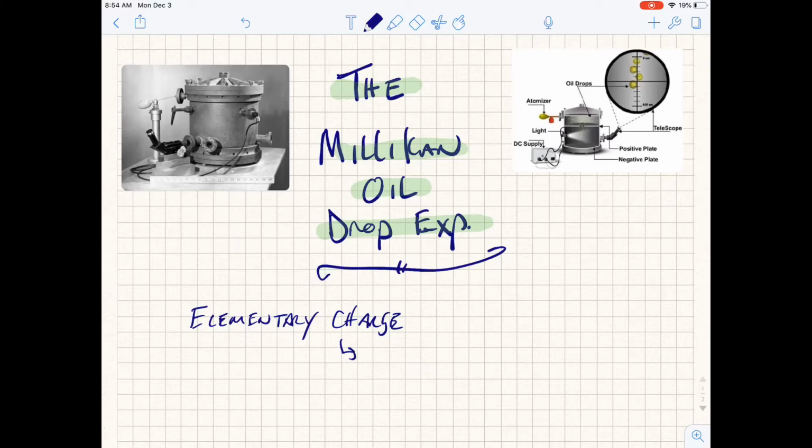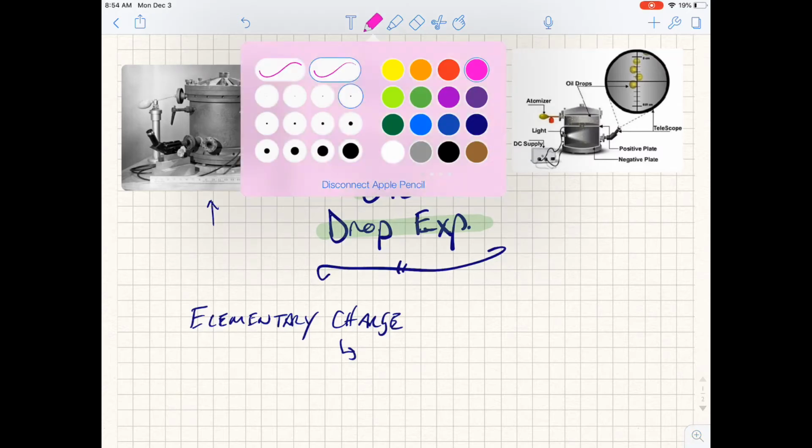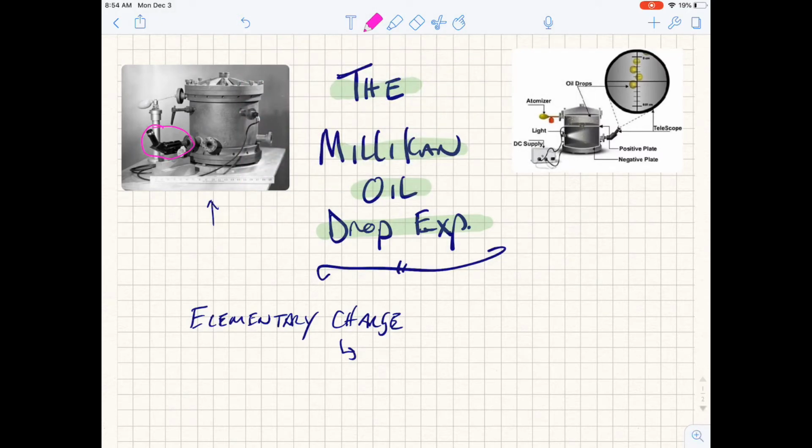And so he came up with this pretty cool experiment that we can see here. It kind of looks like a distillery of some kind, but you can see that there is a microscope, and this guy right here is like an atomizer. So you squeeze it and it sprays out whatever fluid or solid seems to be in there, like a powder, and so it makes it into a mist.